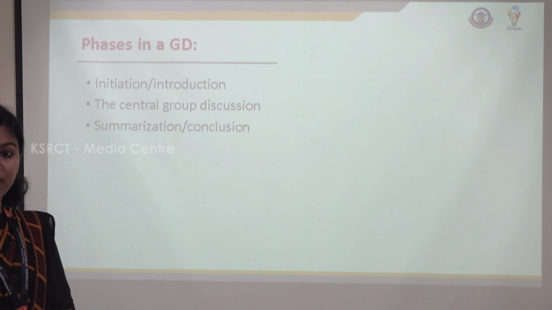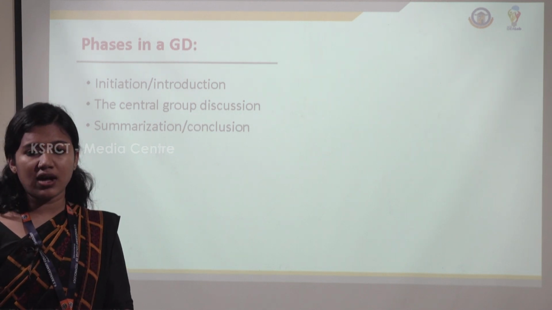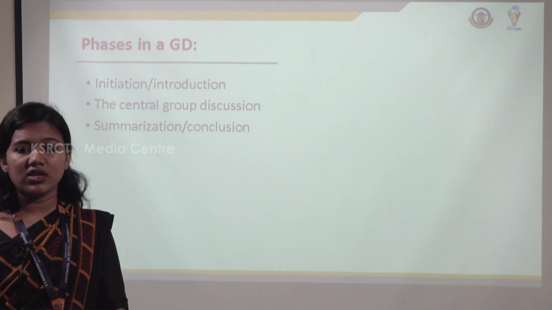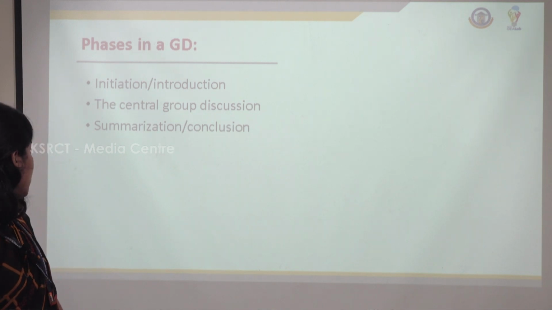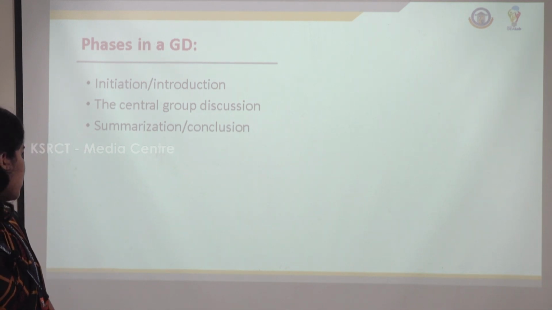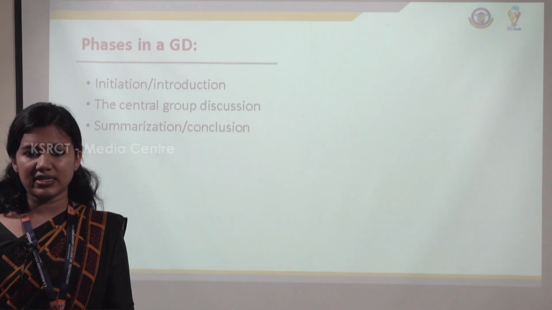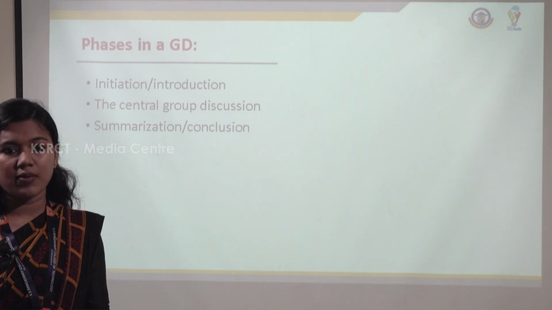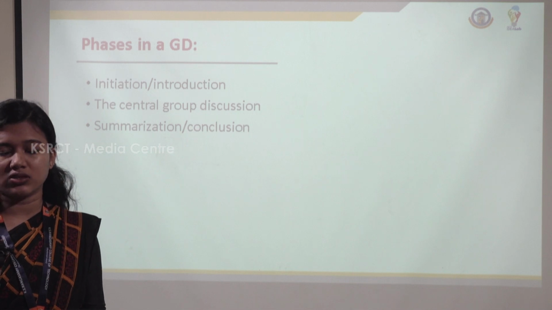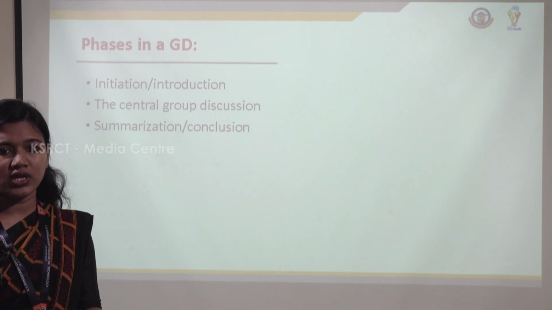And there are 3 phases in GD. So when we are conducting GD, there will be 3 phases. First phase is the initiative or introduction phase. In that phase, one person from the group will get up and initiate the topic, giving a brief introduction about the topic.